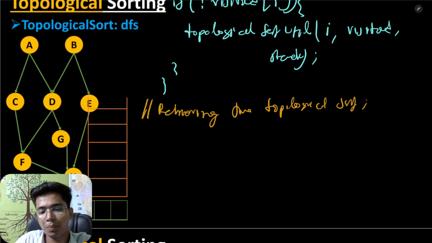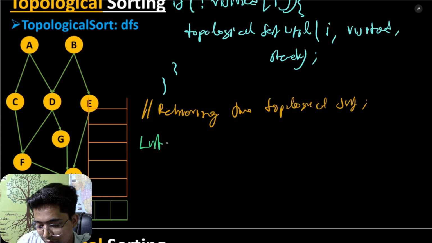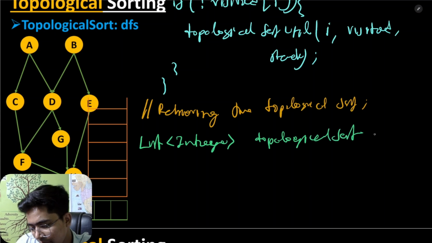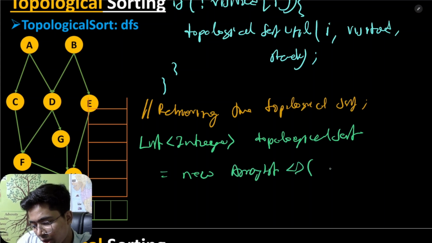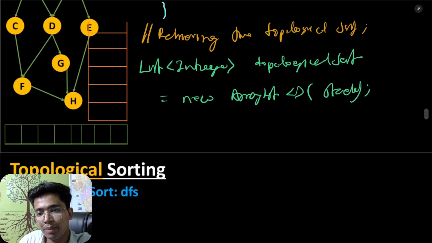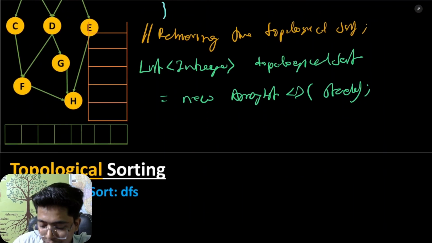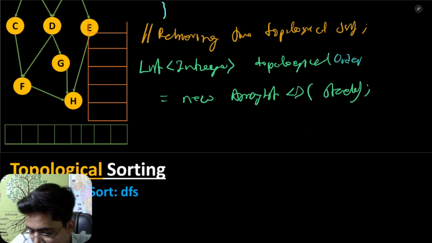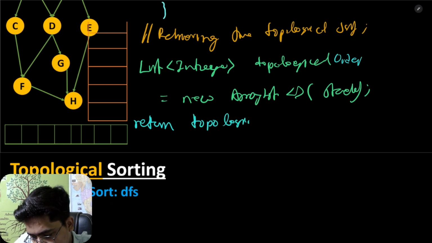First we create a topological sort variable, a list of integer, and we retrieve it with a new array list with respect to the values of the stack. Then we simply return this topological sorted order. We can also call it topological order, so return topological order.